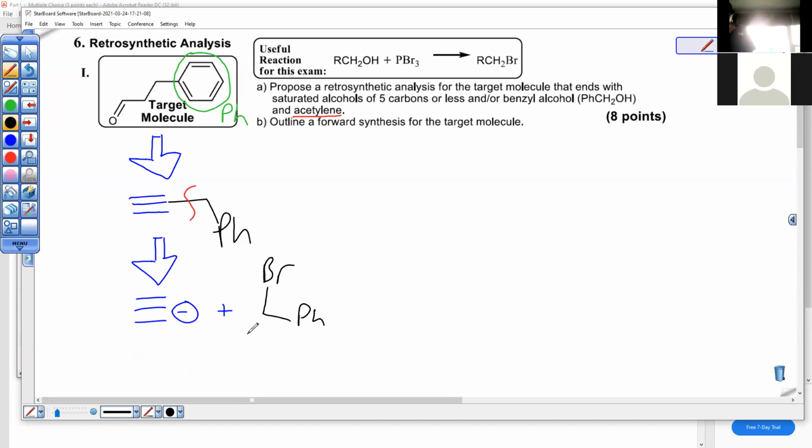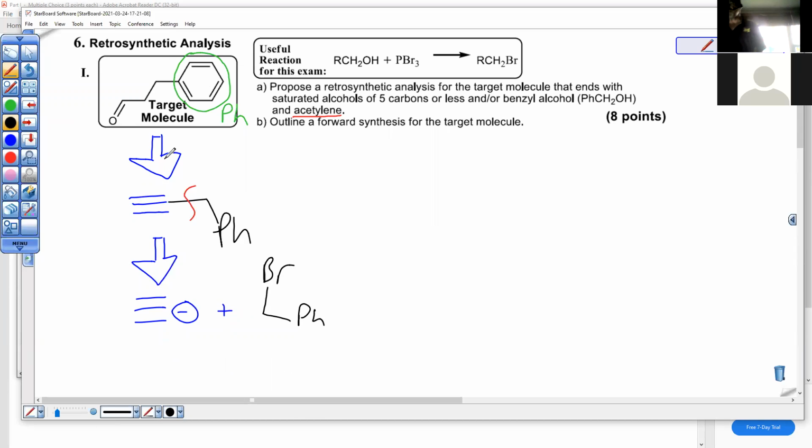And that is a backside attack on a carbon with a halogen to make that bond. This squiggle here is unnecessary, but I'm just showing you I know how to make that bond from these two pieces. That's what that means.